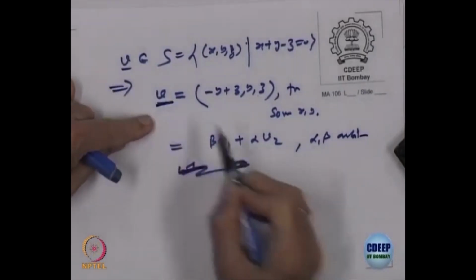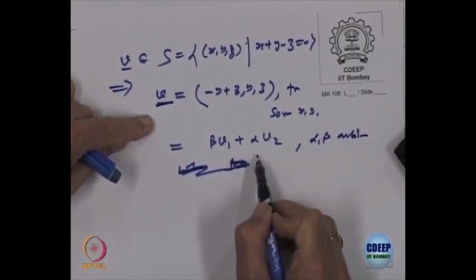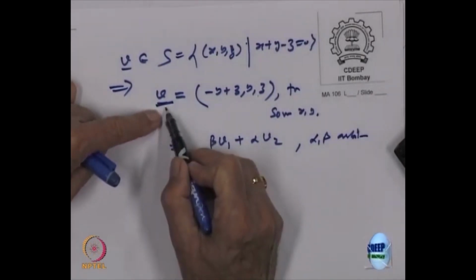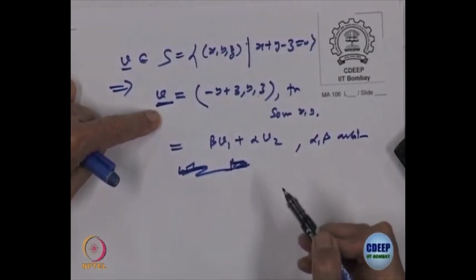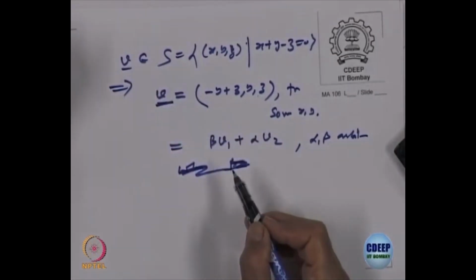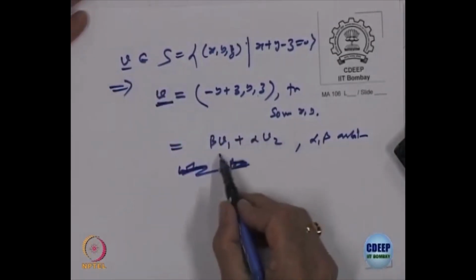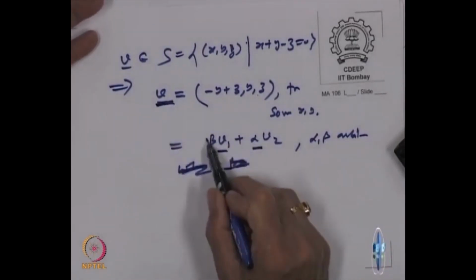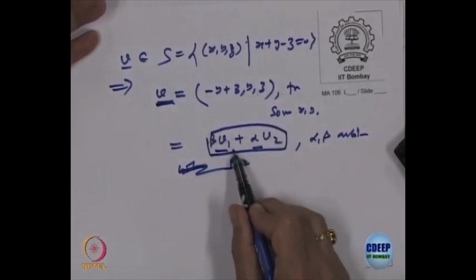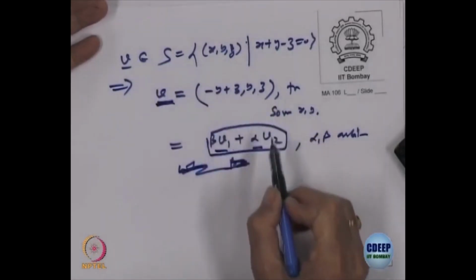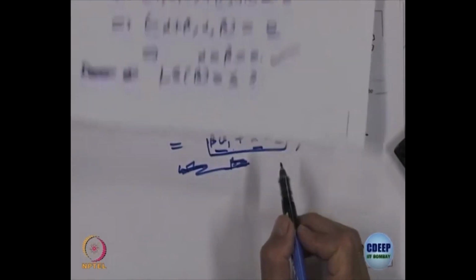If you know V, you can compute alpha and beta from the system of equations, in terms of the components of V. But that itself says that V should be equal to this, where alpha and beta are arbitrary. That means every solution is a linear combination of V1 and V2. So, this set B is linearly independent.